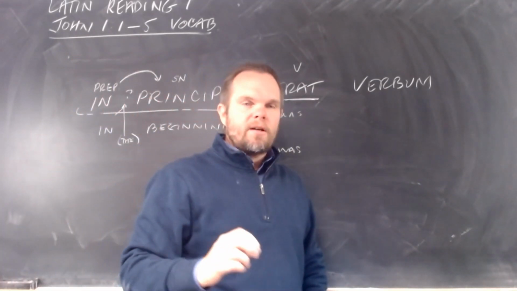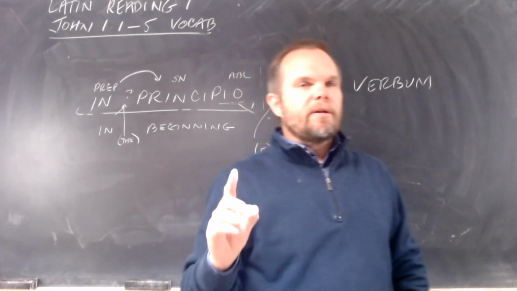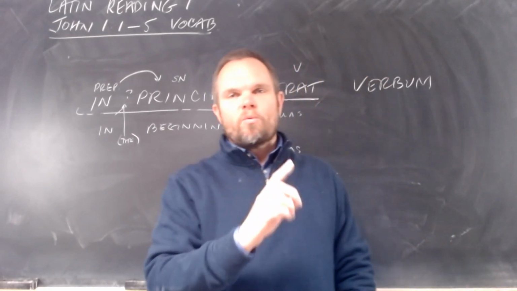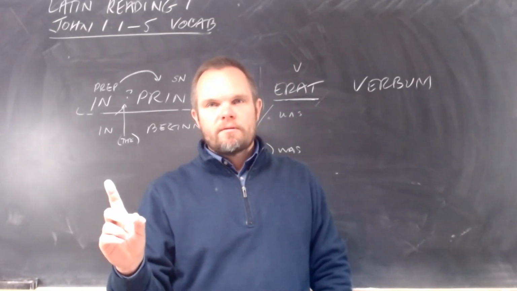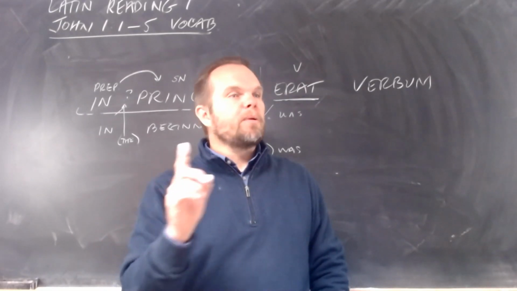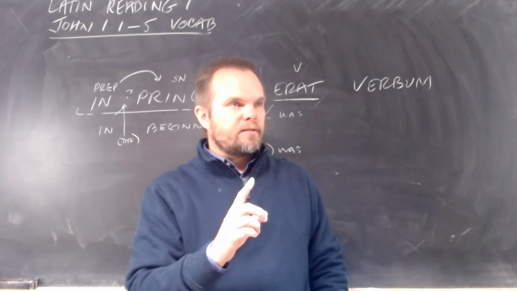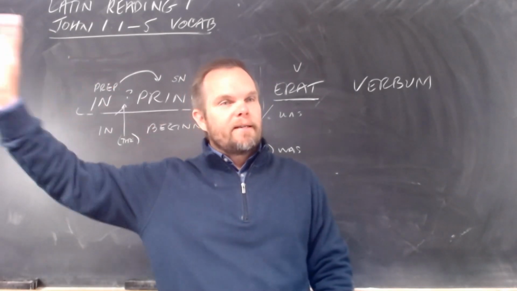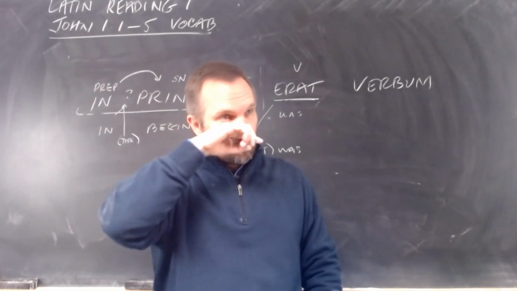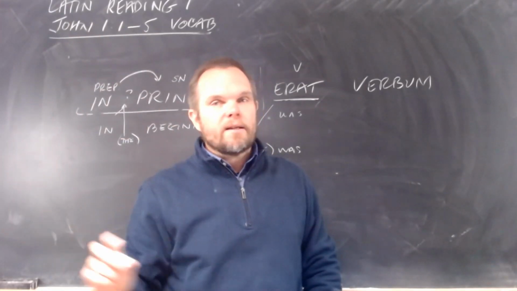It was. It's imperfect. So if we say, in the beginning was the word, does that mean that the word is no longer? That would be perfect, right? But this is imperfect. So we're saying that in the beginning, in the past, the word existed. The word was.